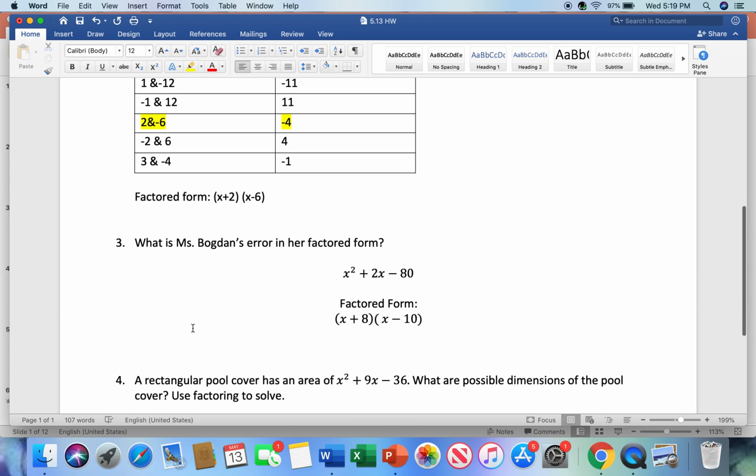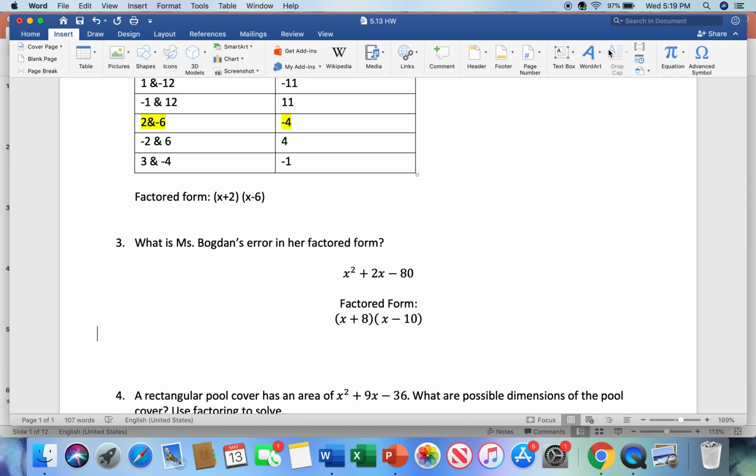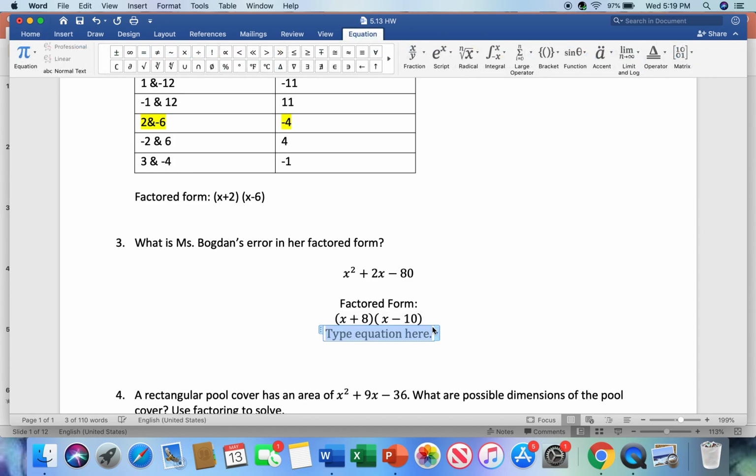Now in this next one, I asked you, what is my error in my factored form? So my original problem was x squared plus 2x minus 80. Okay, so I have this factored form here, x plus 8 and x minus 10. Now if I wanted to check it to see what I did wrong, I would just go ahead and FOIL. So I would do x times x, and I would get x squared.